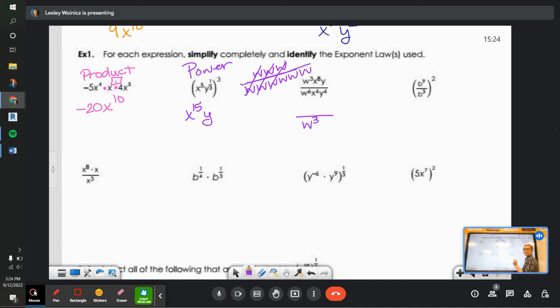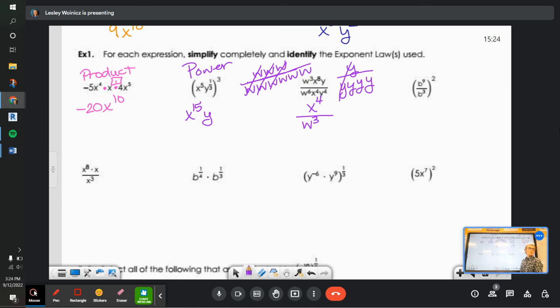Okay, for the x's, 8 minus 4. What's 8? 8 minus 4 is just 4, right? So I have x to the 4th on the top. And for my y's, I have a y on the top and 1, 2, 3, 4 y's on the bottom.